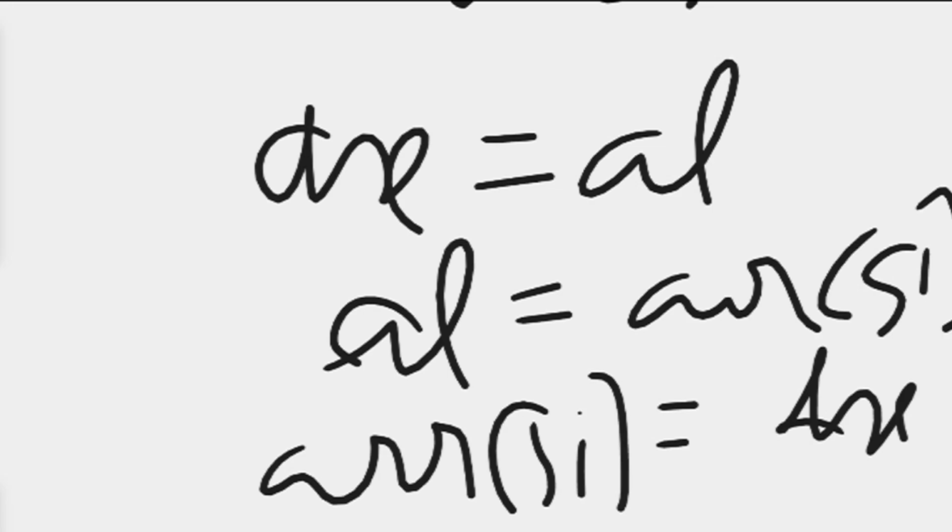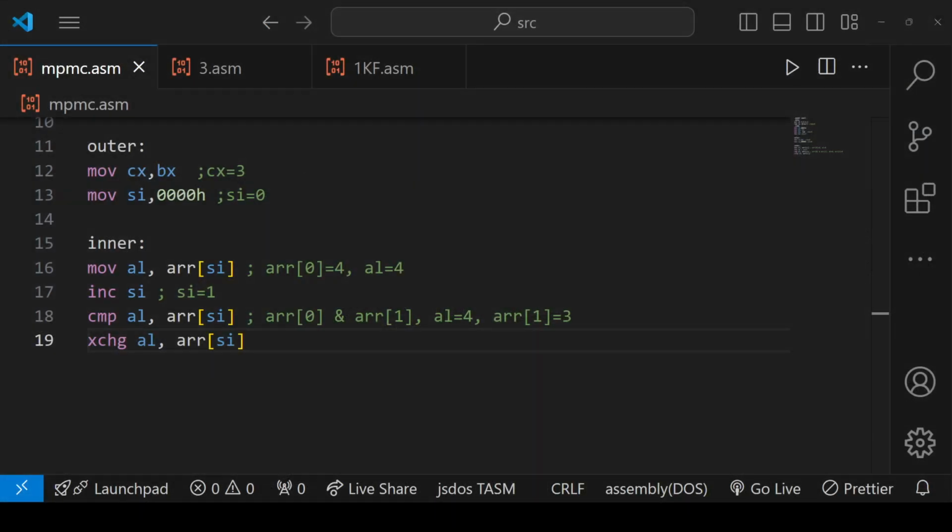This could be what happens inside the assembler, but you need not worry about this. It's all taken care of by the assembler. All you need to do is write exchange AL array SI. That's it.